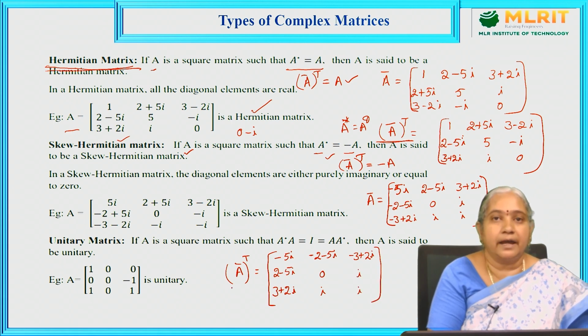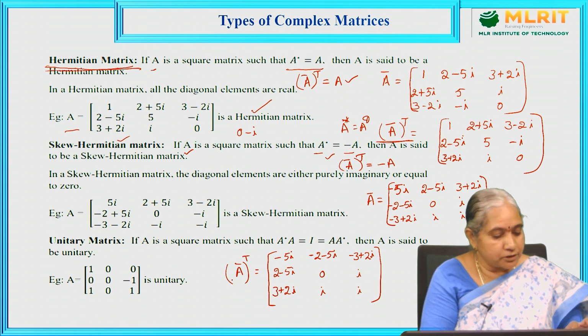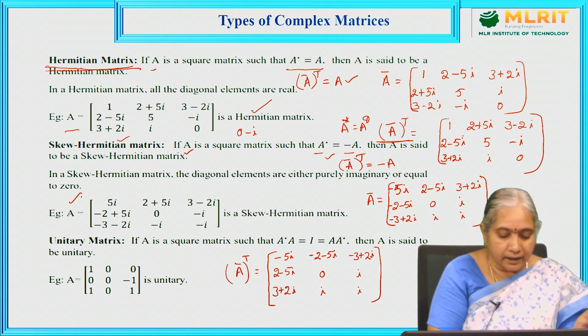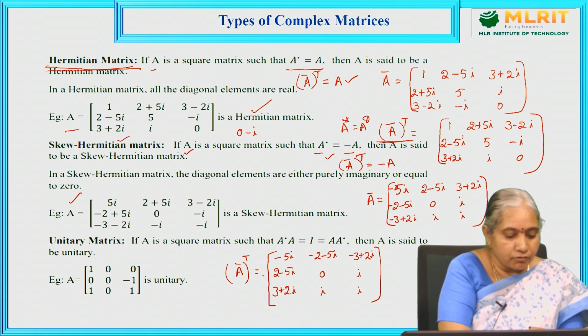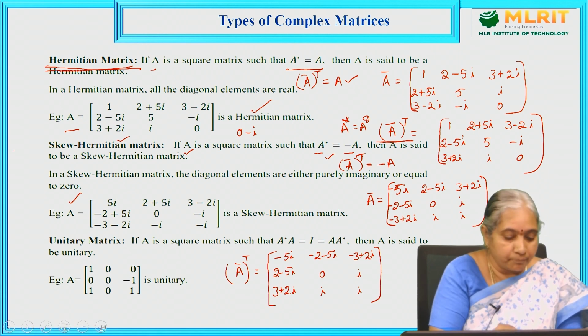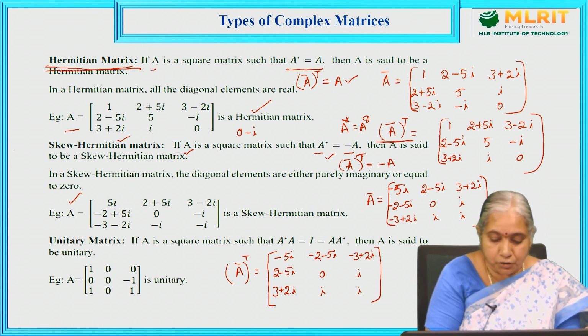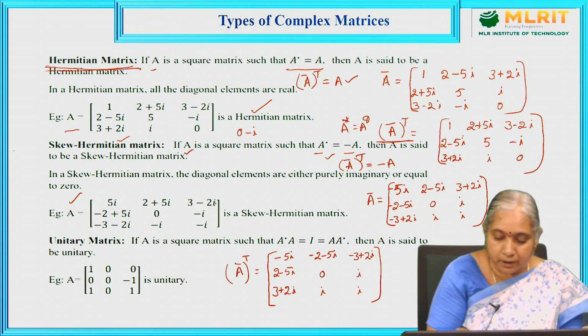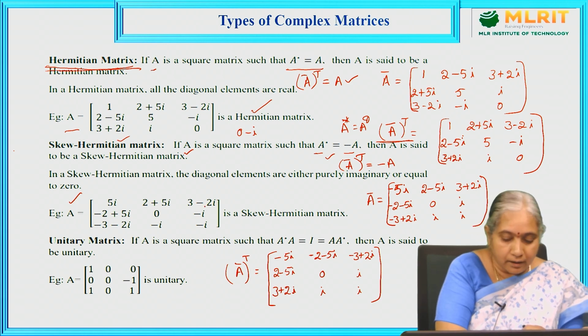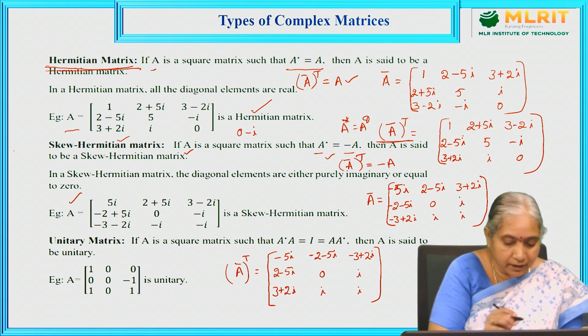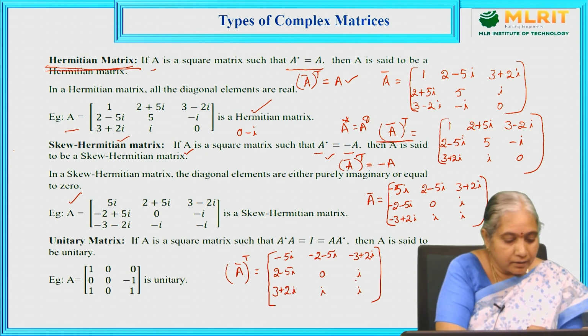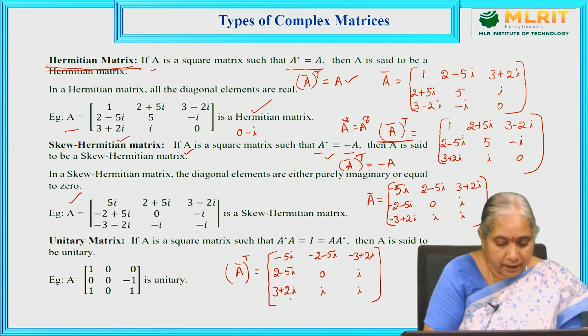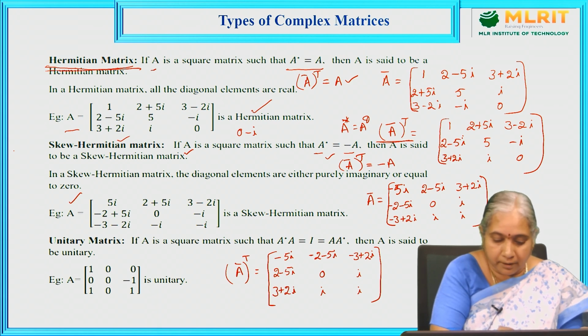So this is A conjugate transpose. Now observe the given matrix A and A conjugate transpose: 5i, minus 5i, 2 plus 5i, minus 2 minus 5i, 3 minus 2i, minus 3 plus 2i, minus 2 plus 5i, 2 minus 5i, 0, minus i, minus 3 minus 2i, 3 plus 2i, minus i, and minus i.